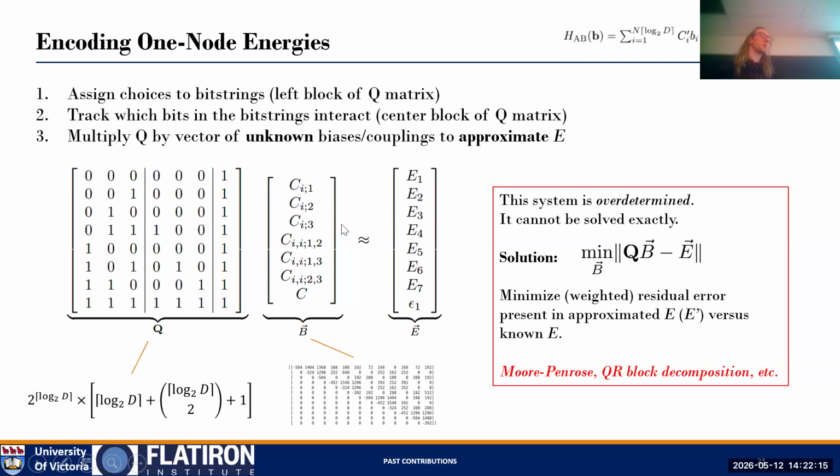And then we just use least squares minimization to figure out these coefficients to minimize the approximation error between Q multiplied by this B vector and the energy vector. The system is overdetermined, so this is why and where approximation error is introduced. But it's bounded by the least squares error, and this is efficiently computable by way of Moore-Penrose or QR block decomposition.